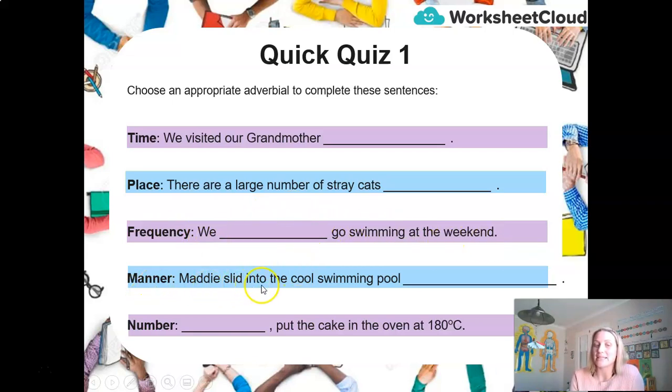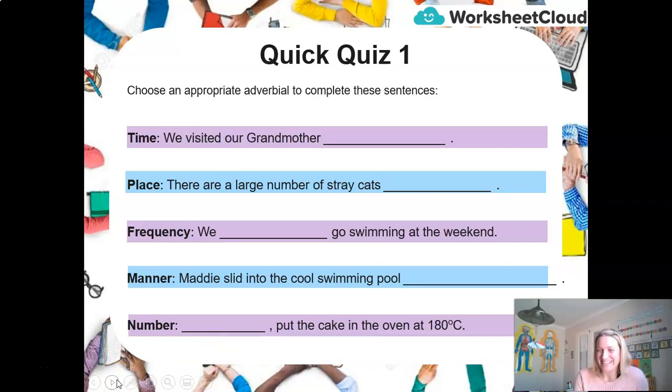Manner: Maddie slid into the cool swimming pool. How? In what manner did she do that? And number: put the cake in the oven at 180 degrees Celsius. Okay, so in what order? Probably one of the last steps, I would imagine, hey? Okay, have a go.